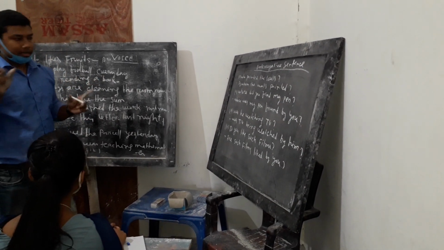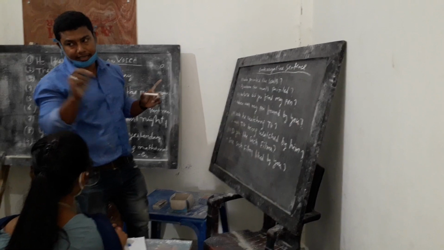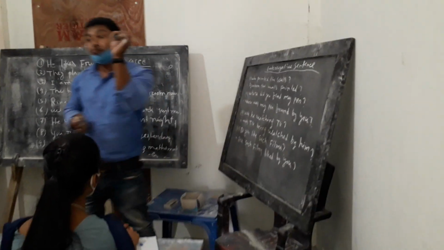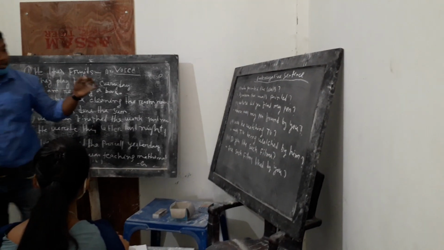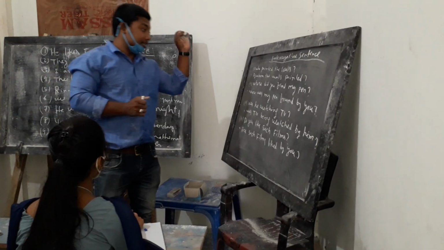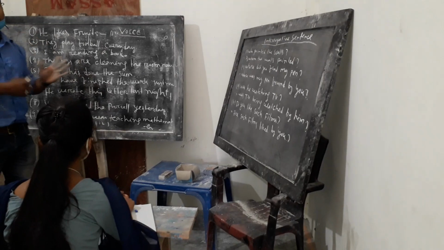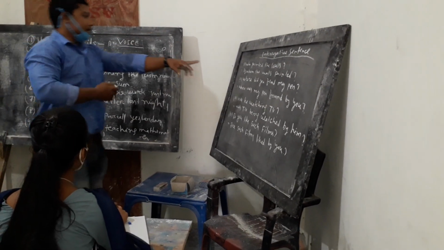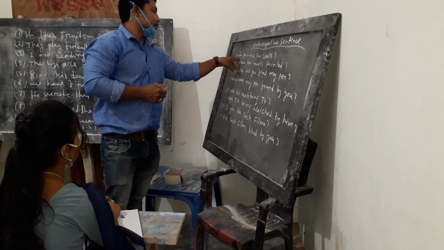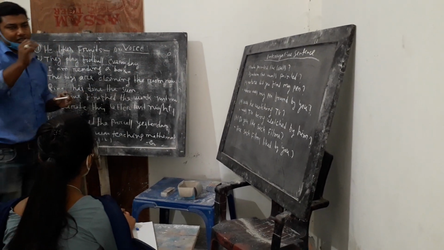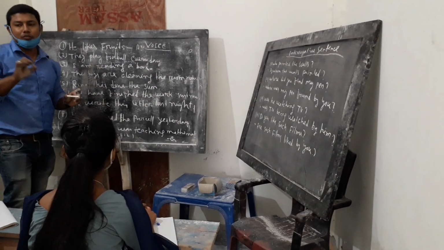In case of voice regarding sentences, we have to identify two things. First of all, which kind of sentence is given, and in which tense it is given. Both we have to identify first. Then we proceed to solve it. It is a rule that if we get who, then in passive voice we have to write by whom instead of who.